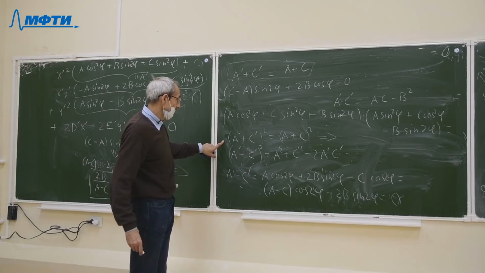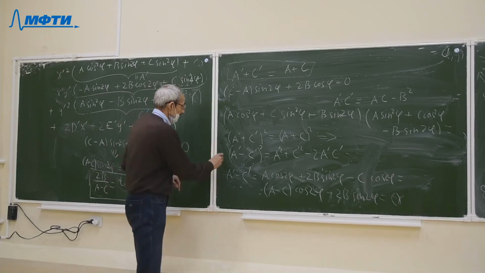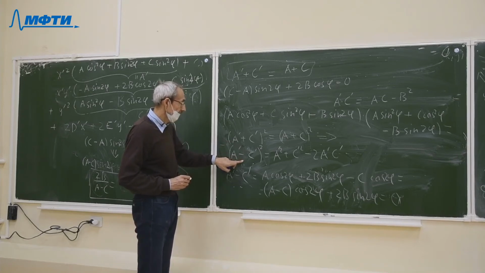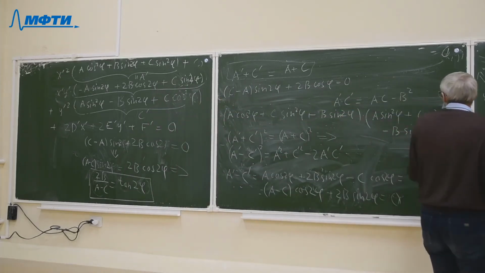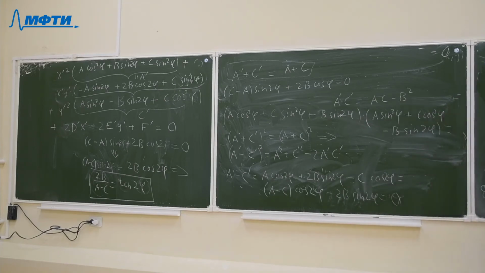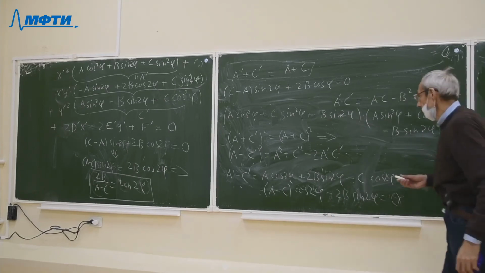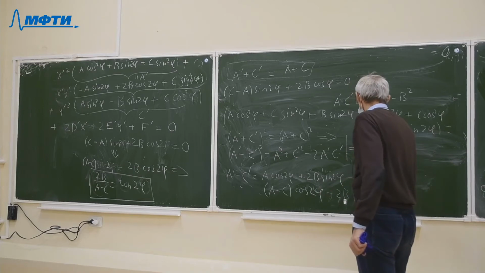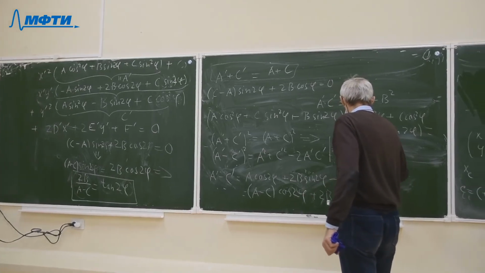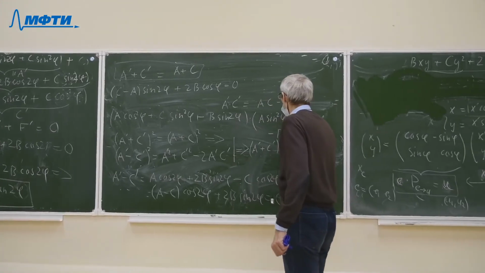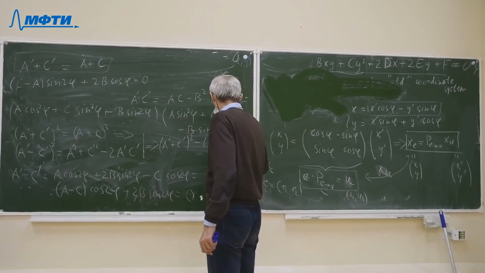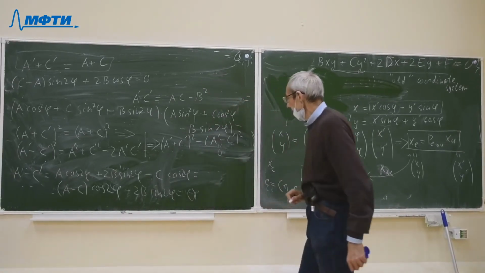And if we subtract from first equality, second equality, we obtain that a prime plus c prime square minus a prime minus c prime square, which is equal 0.